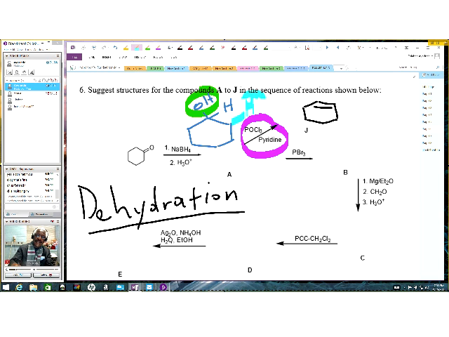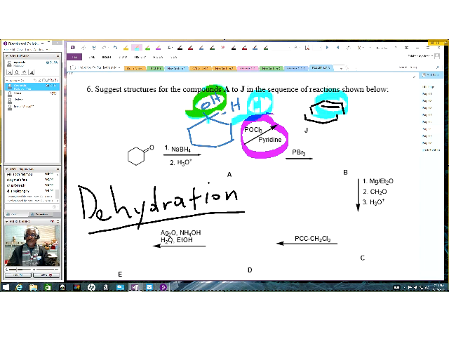So you lose this hydrogen, and then you lose the hydroxide, and that is why we have now formed the alkene between this carbon and this carbon. So phosphorus oxychloride will dehydrate a secondary alcohol or a tertiary alcohol to form an alkene.